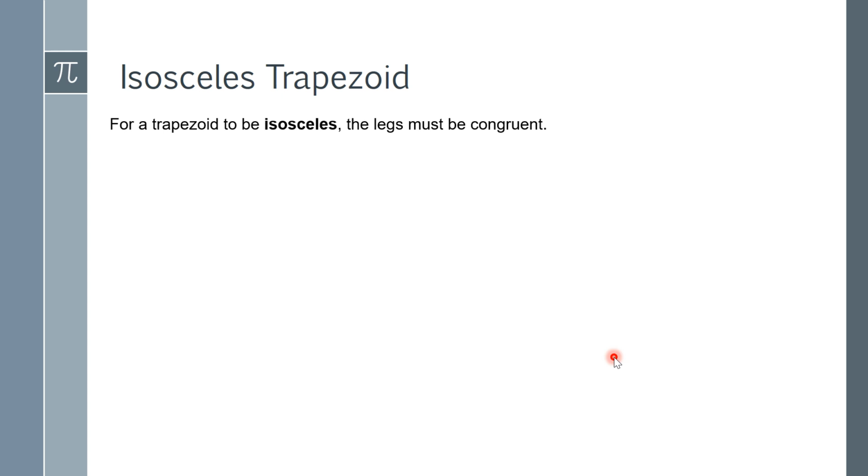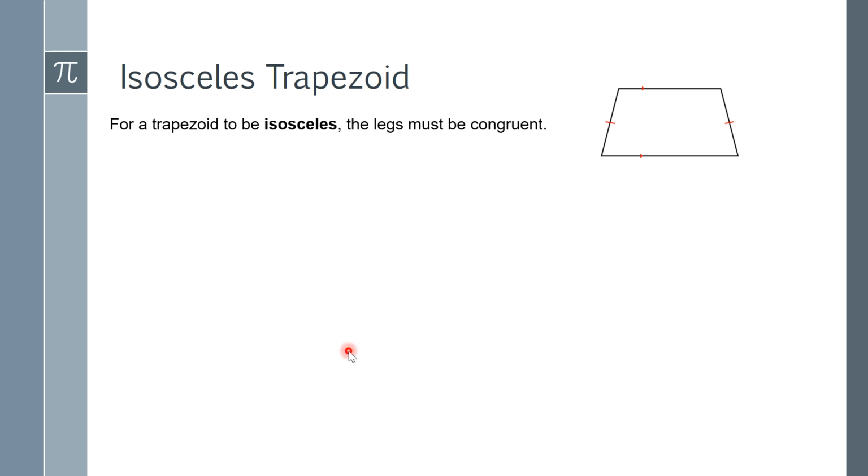And in this case, the legs must be congruent. The legs of an isosceles trapezoid are congruent, just like the two sides of an isosceles triangle are congruent. You'll notice that trapezoids have a lot in common with triangles.